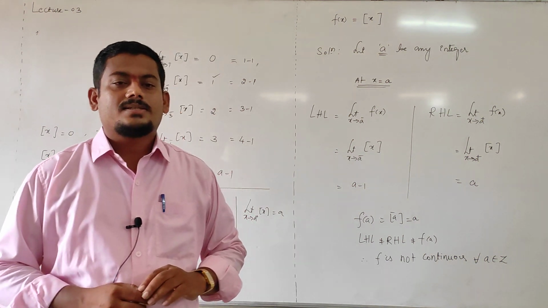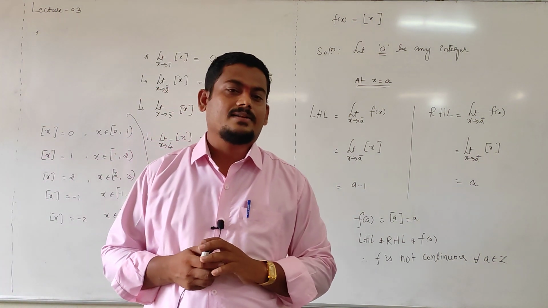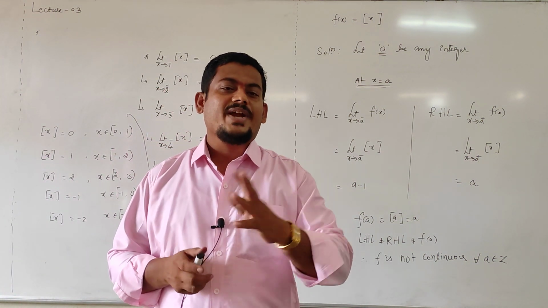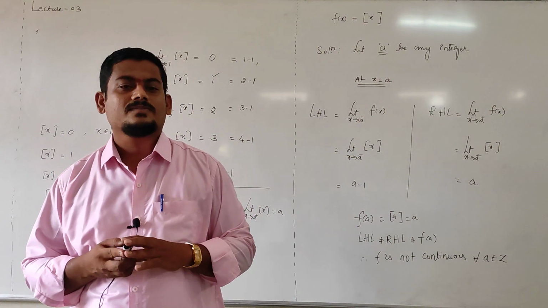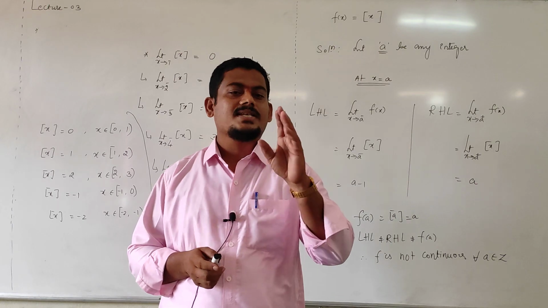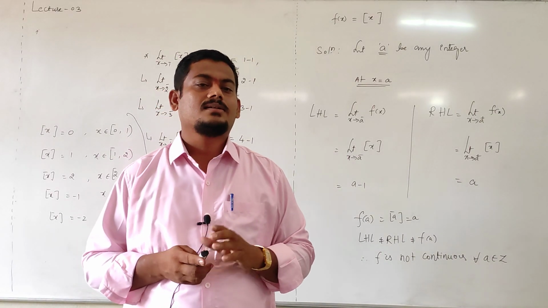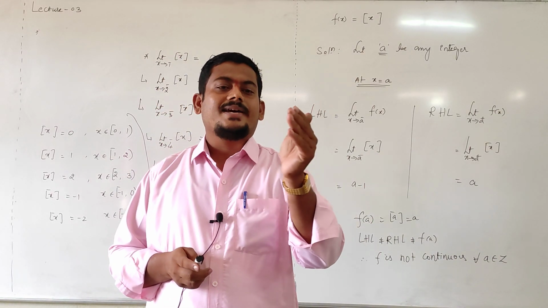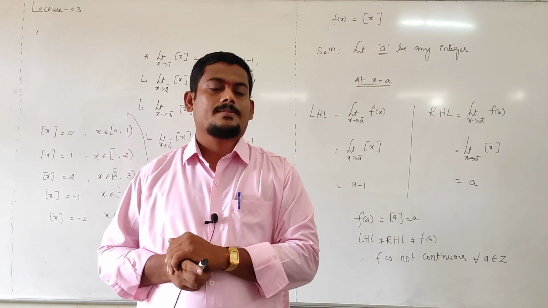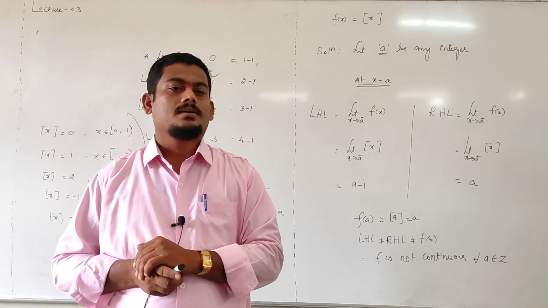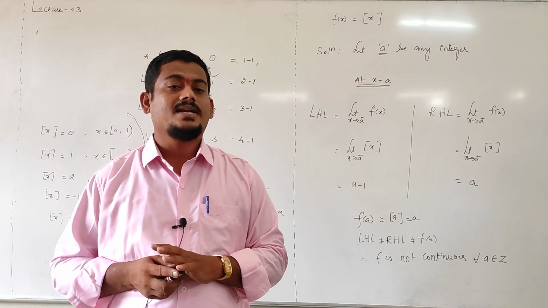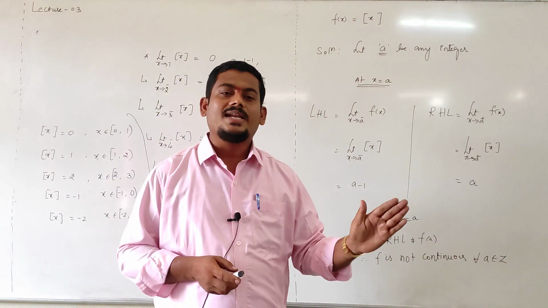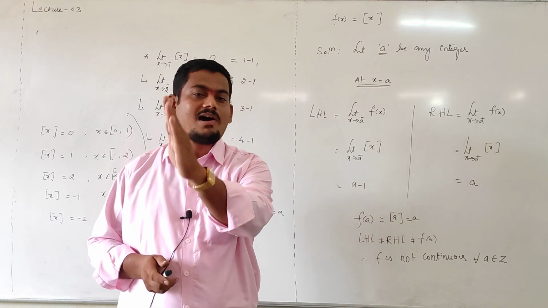Discontinuous at all integers. If I ask one question, at what point is the greatest integer function discontinuous? What is your answer? Clearly your answer is: discontinuous at all integers.